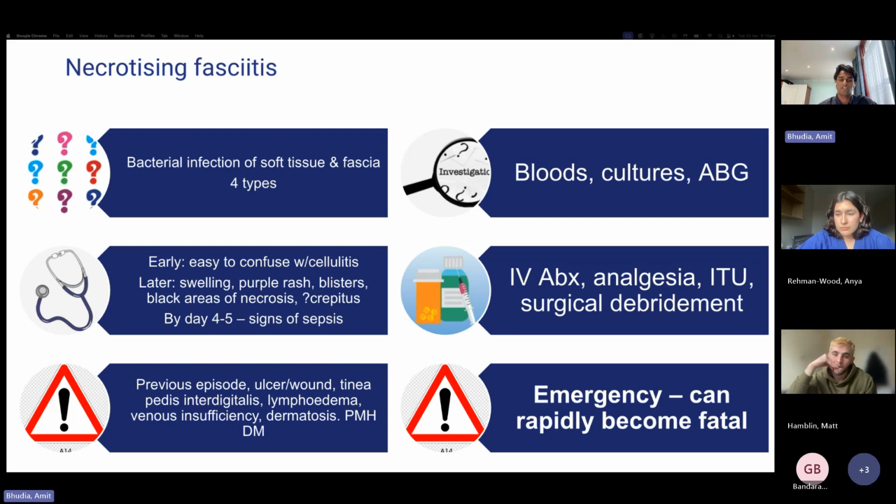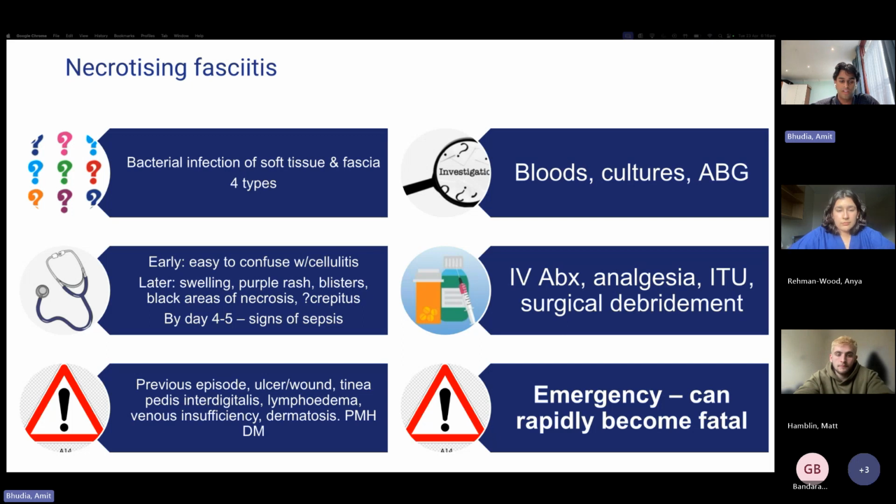And then in terms of your investigation, again, similar sort of thing. You're doing bloods, you'd take blood cultures, ABG, and with your clinical examination, early on it's quite easy to confuse with cellulitis because it may just be erythematous, look similar to cellulitis, but then after a while it will develop quite quickly into swelling, a purple rash, there'll be blistering, and then you'll usually see the leg turning sort of black, and especially if they have gas gangrene, there may be crepitus.